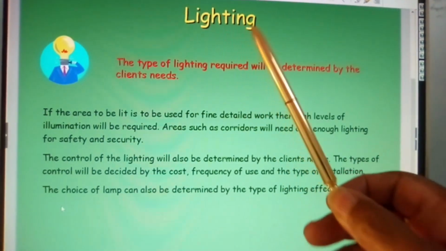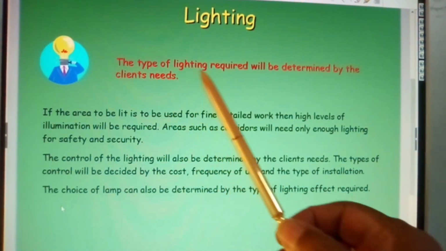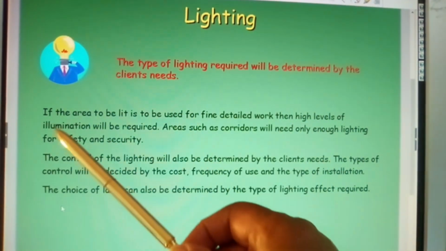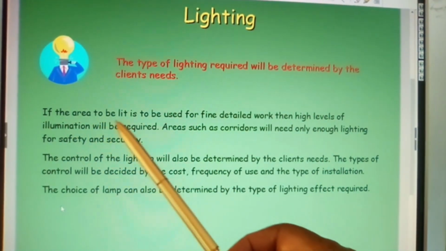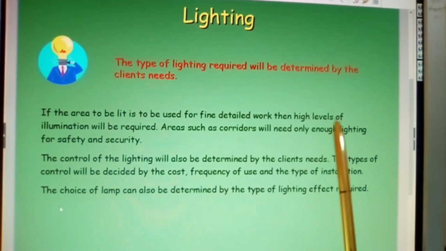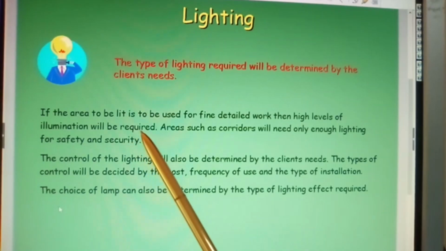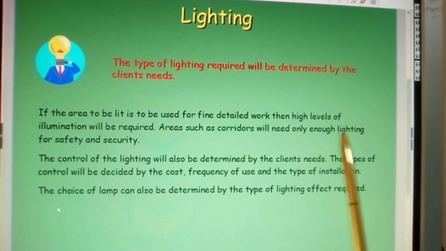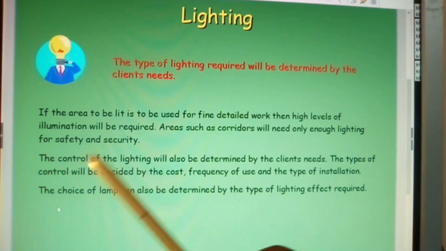Now lighting. Okay. The type of lighting required will be determined by the client's needs. If the area to be lit is to be used for fine detail work, then high levels of illumination will be required. Areas such as corridors will need only enough lighting for safety and security.